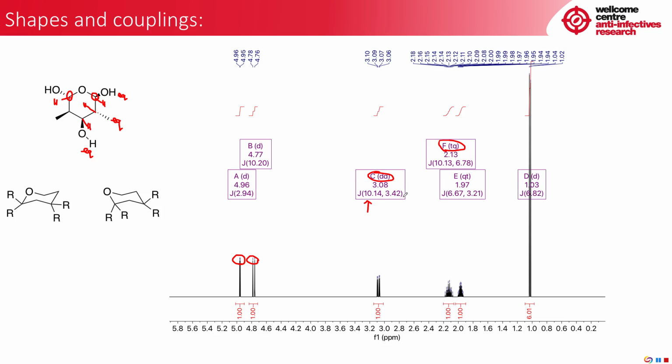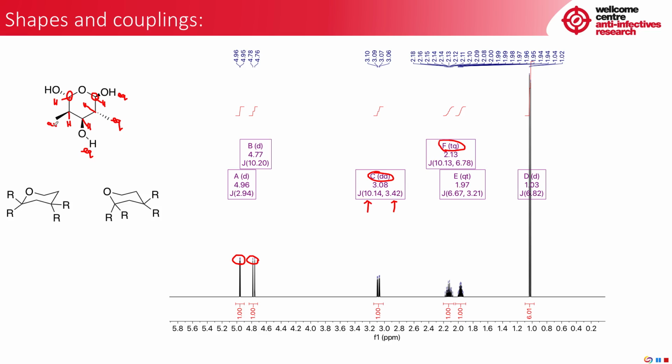And we also have a smaller J coupling of about 3.5 Hz. And this means that we have either an axial equatorial or equatorial coupling. We've already said we know our proton is axial, so it must be an axial equatorial coupling, and that means this proton is equatorial and this substituent is axial.